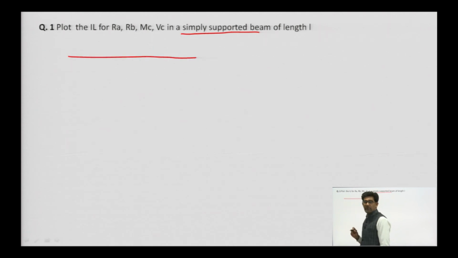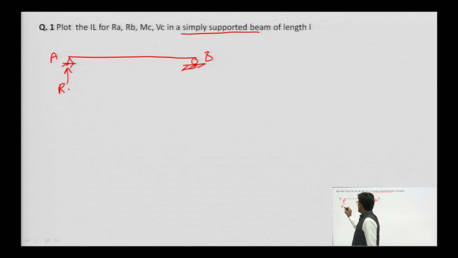Suppose we have a simply supported beam, this is A, this is B. Depending upon the load it will have reaction RA and reaction RB. Since this is a beam, no horizontal force will be there. We need to plot the influence line for RA.